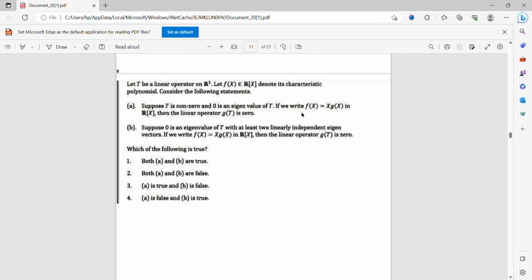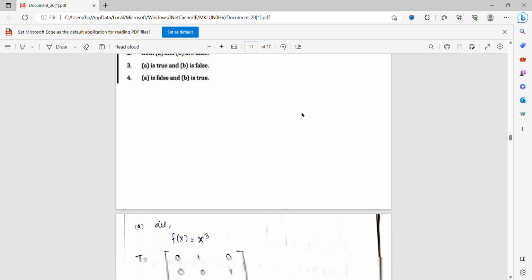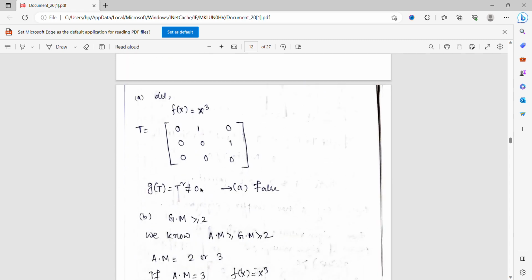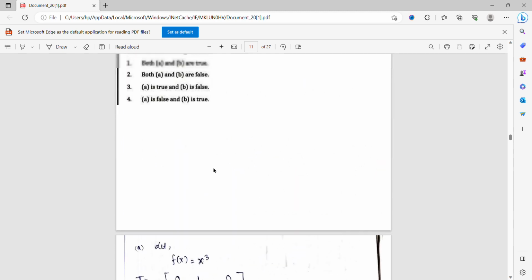Now write f(x) equal to x into g(x), that means g(x) equal to x square. So now if I consider T like this, with rows 0 1 0, 0 0 1, 0 0 0, then g(T) equal to T square is not equal to 0. So the first is definitely a false statement, because here the minimal polynomial for T is x cube, so g(T) equal to T square is non-zero.